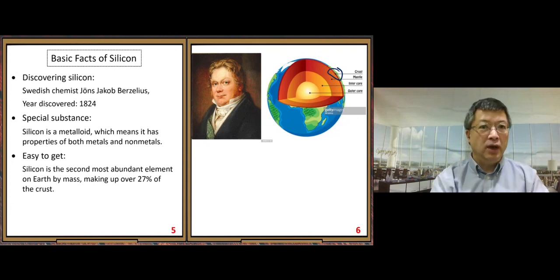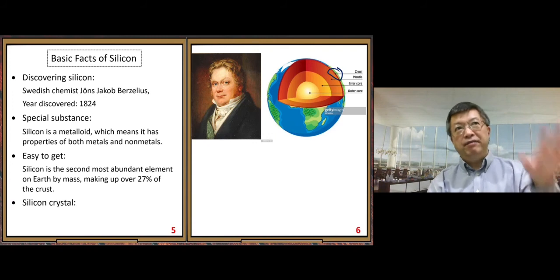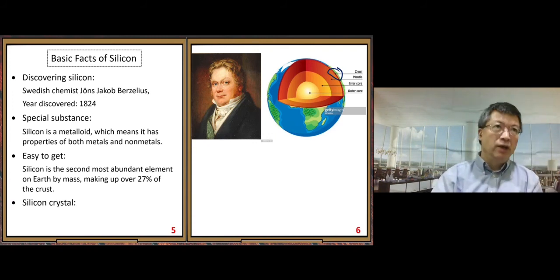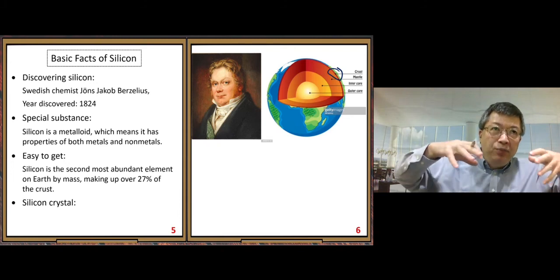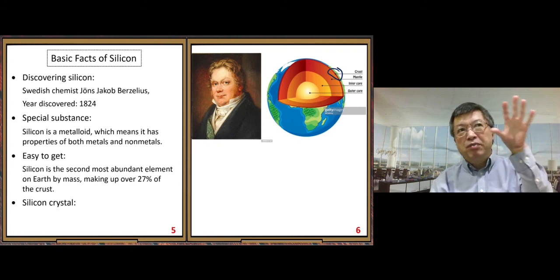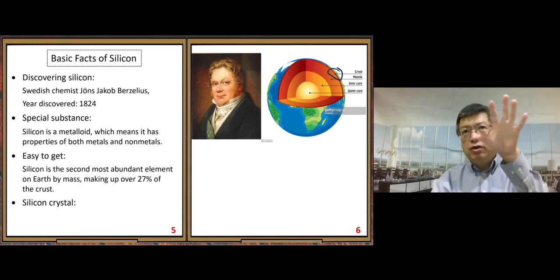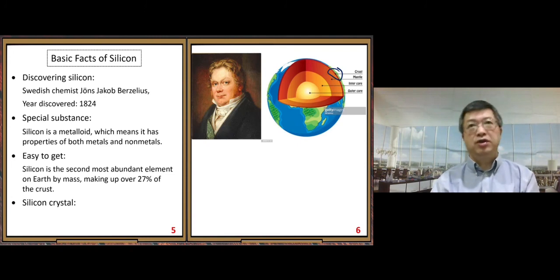Silicon crystal, then this property is useful. In order to get very pure silicon, we need to use the properties of the silicon crystal. I think you know crystal, right? Crystal has its own properties.